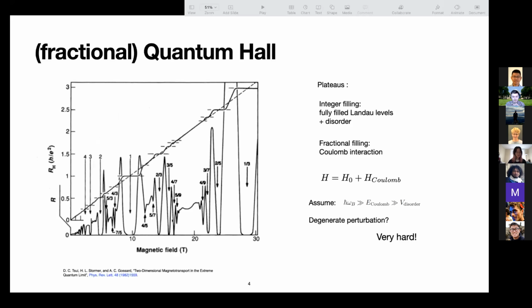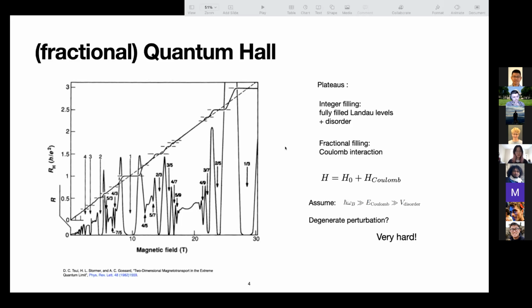So this is the famous Hall measurement. As we can see, there are some plateaus in Hall conductance at integer fillings, which are called integer quantum Hall effect, and also at some fractional fillings.